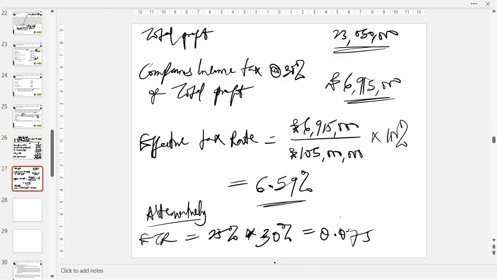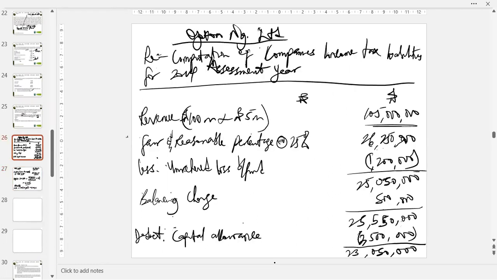So why didn't we get 6.59%? Remember that we have made some other adjustments. If you do unrelieved loss brought forward as a percentage of revenue, then capital allowance as a percentage of revenue, and balancing charge as a percentage of revenue, what do you have?